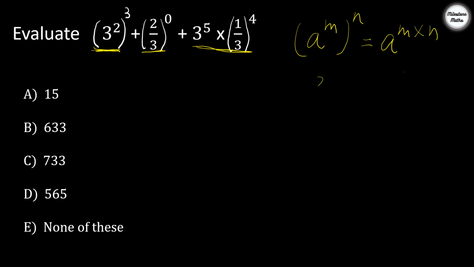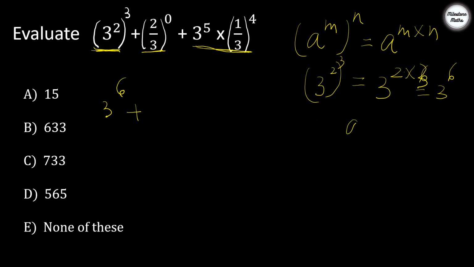So this is 3 raised to power 2 raised to power 3, which will be 3 raised to power 2 into 3, that is 3 raised to power 6. So we can write it as 3 raised to power 6 plus 2 by 3 raised to power 0. You know any number whose power is 0 will give you 1. So 2 by 3 raised to power 0 will give you 1.